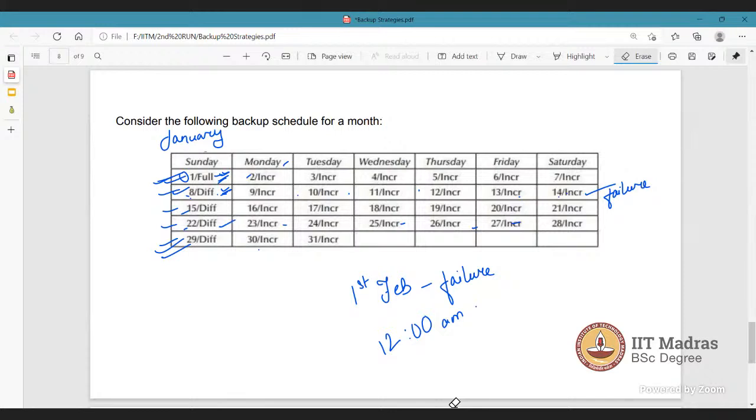If a failure occurs on the 28th, then we don't know what the data was, because from the 27th, the last time we backed up, until then we don't have the data in our system. So do we take one full backup, then on the 22nd a differential backup, and then 5 incremental backups up to the 27th? We don't know what the data was between that time and the failure.